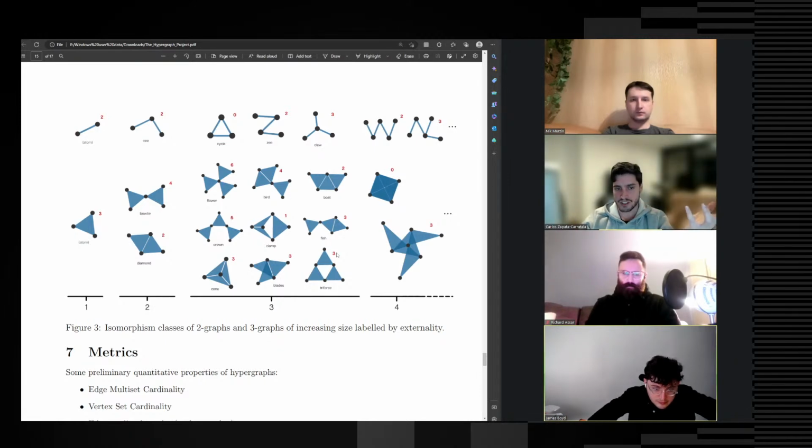So the definition is the vertices that have the common lowest degree. If all the vertices have the same degree, there's no lowest in that sense, so there's no external. By convention, this is two external because this has degree 2 and these two have degree 1. This has 0 because they all have degree 2. This has degree 2 and degree 1. This has degree 3 and degree 1, and so on.